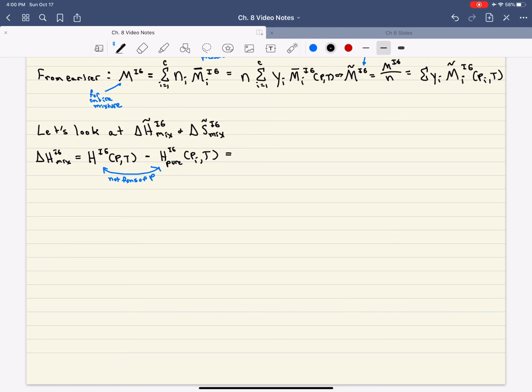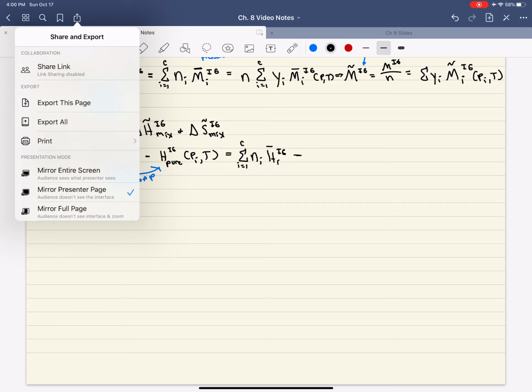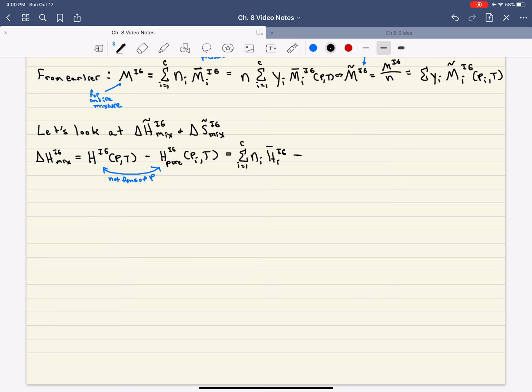So for H Ig for the total mixture, we know it's a summation of Ni Hi bar Ig. And then for the pure species, essentially we apply what we would expect for an ideal solution.